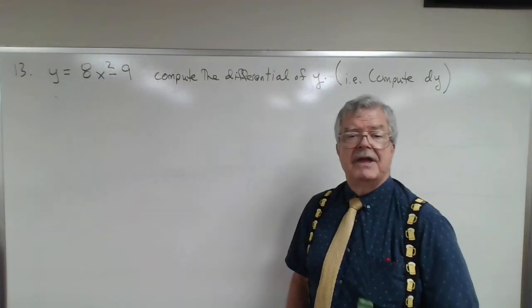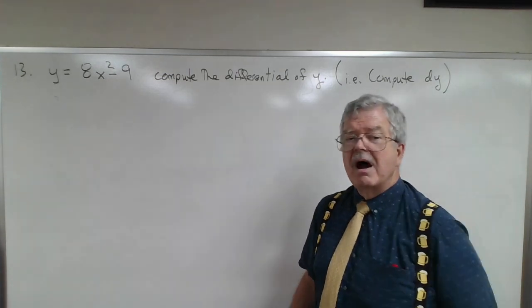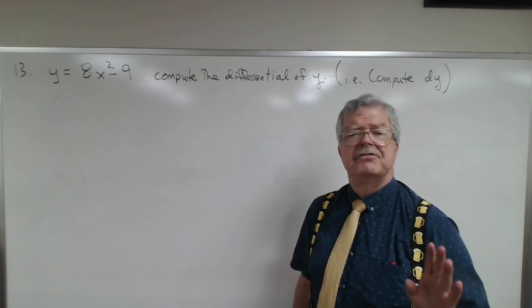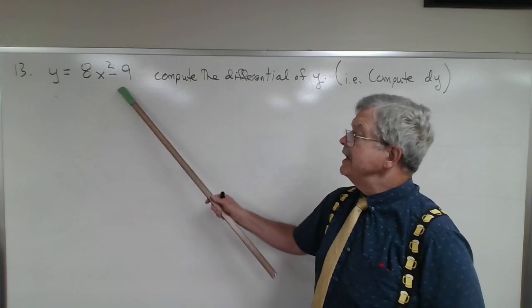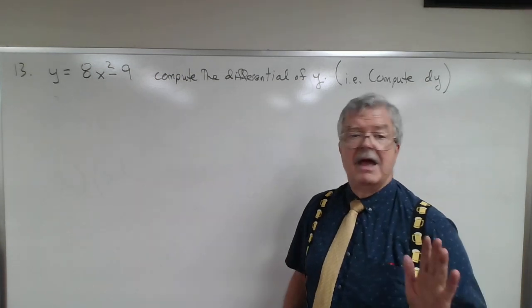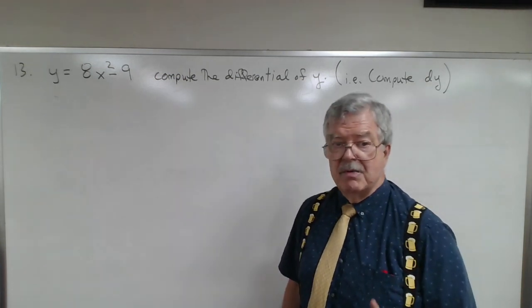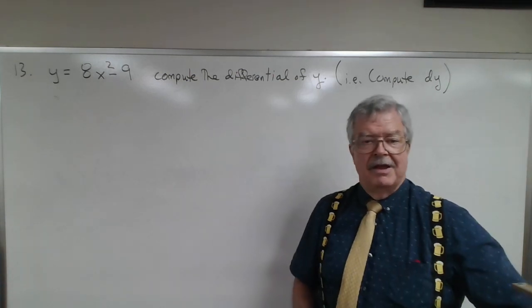At this stage of the game in Cal 1 and also in Cal 2, our interest in differentials is strictly computational. All we care about is how do we compute a differential. And that's going to be very important when we do U substitution. Here we go.